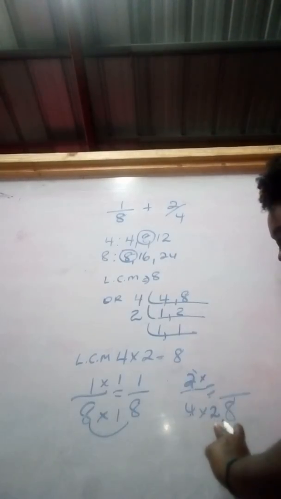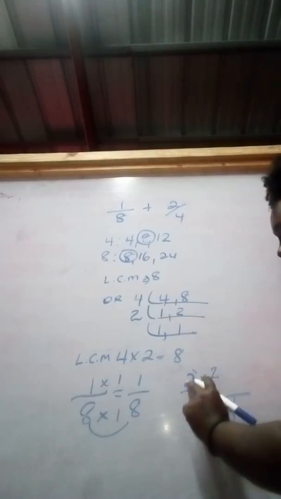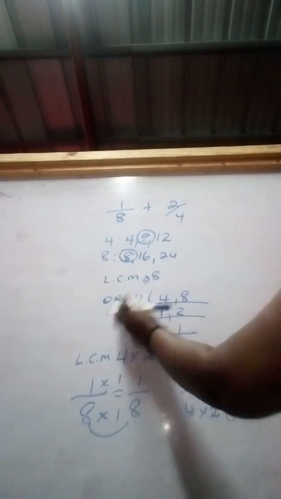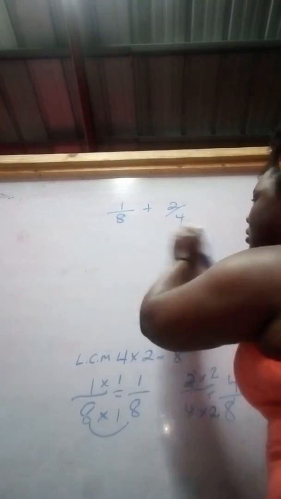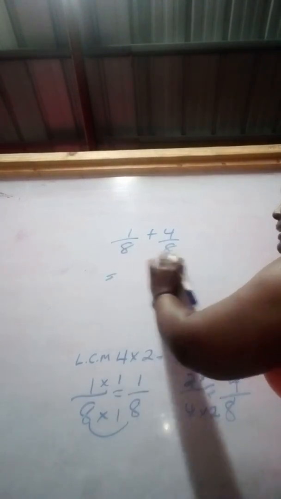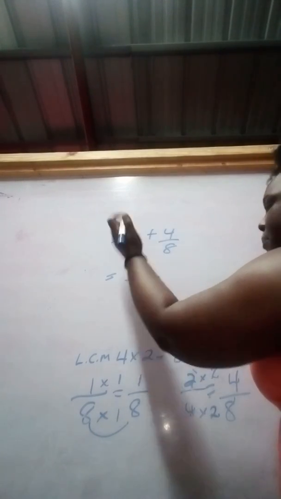And because I multiply by 2 at the bottom with the denominator, I do the same on top. So 2 2s are 4. So now my fractions are 1/8 plus 4/8. My denominators are the same, and I add my numerators. 4 plus 1 is 5.